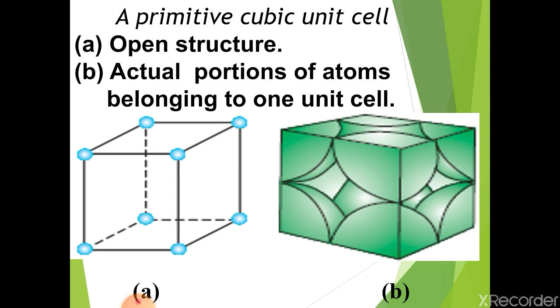That's why 8 corners into 1/8 equals 1 atom present in a primitive unit cell.